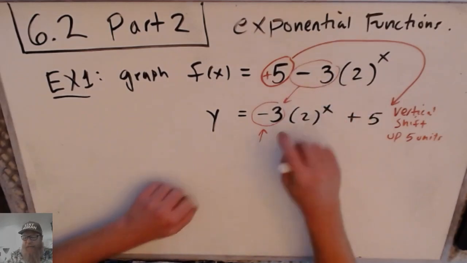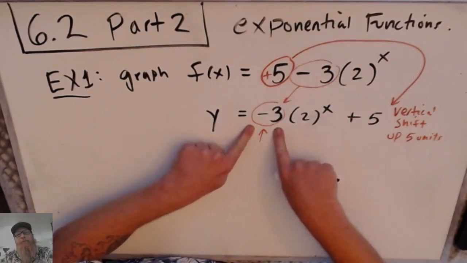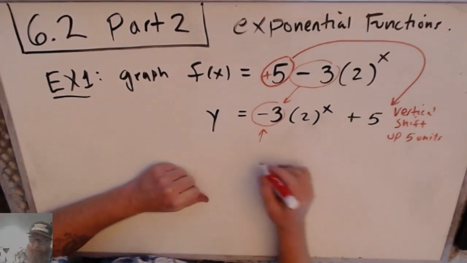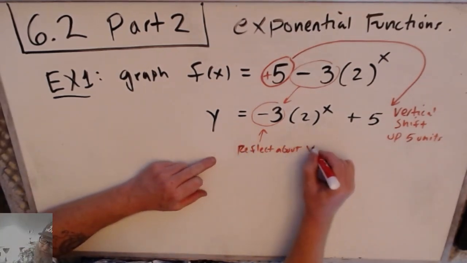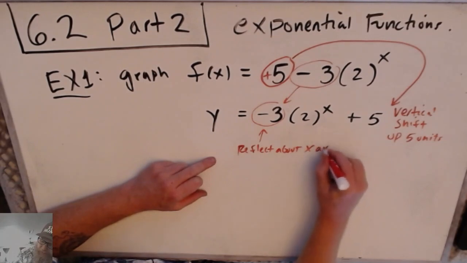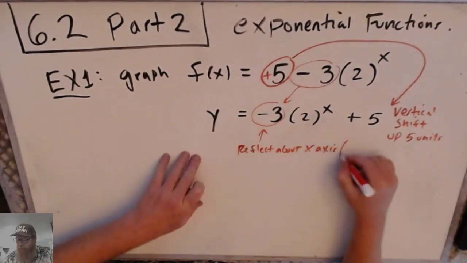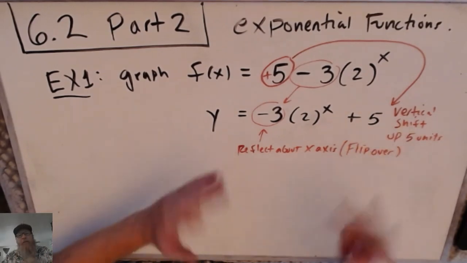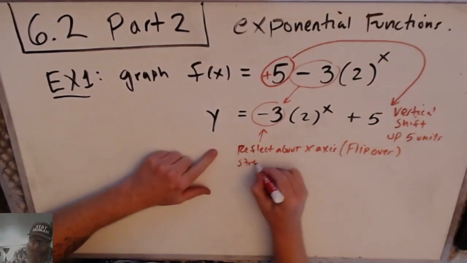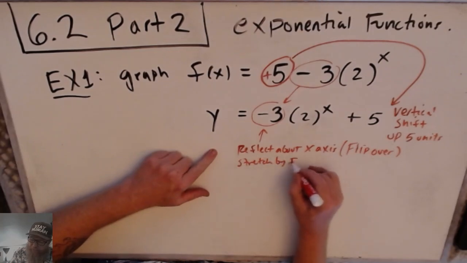It makes a lot more sense if you put it in the front. At least it's clearer to see what it is. This is going to reflect about the x-axis. In other words, it's going to flip the graph over, flip it upside down, and it's going to stretch by a factor of 3.